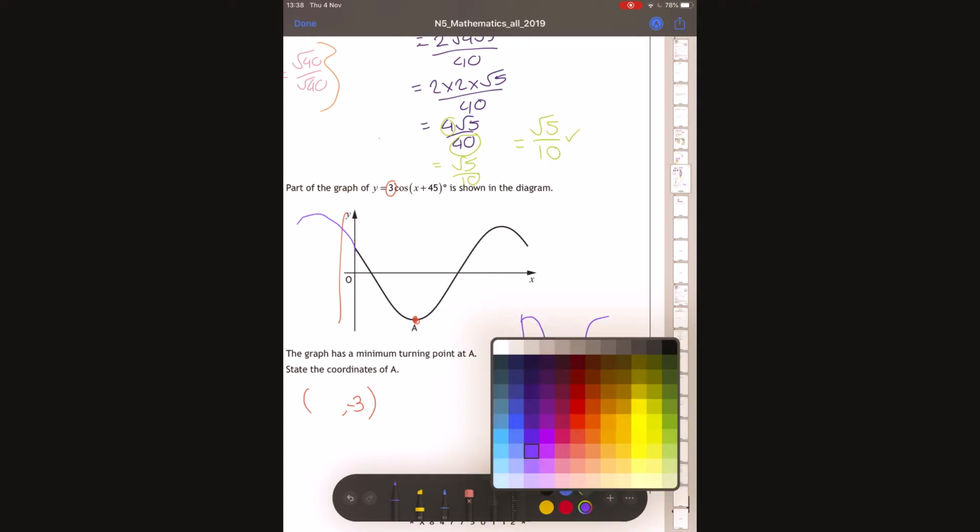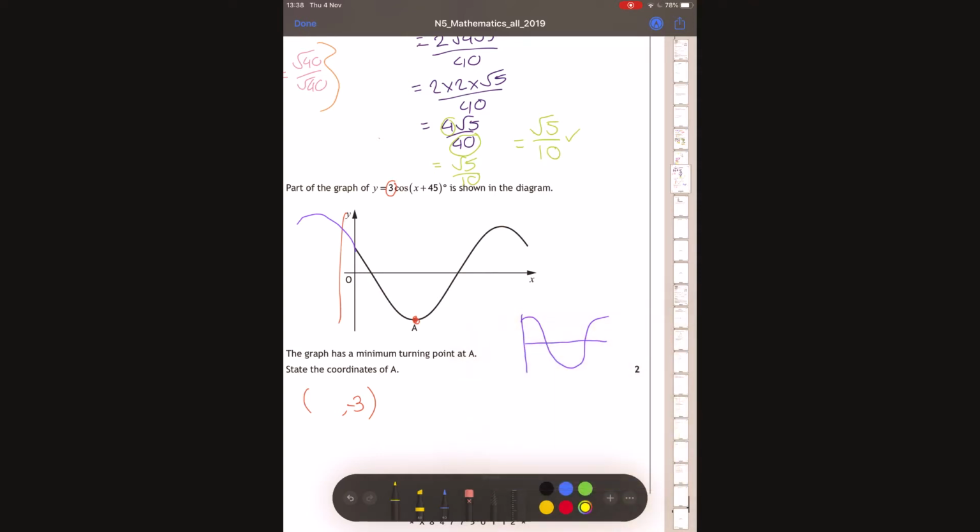Well, we can see from the equation why. This graph has got this x plus 45, plus 45 in the brackets. That means there are two key parts of information here. One is this plus. That means it's been shifted to the left.